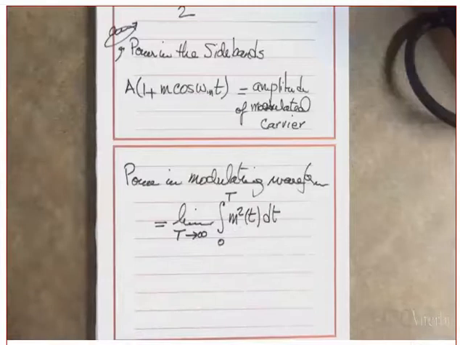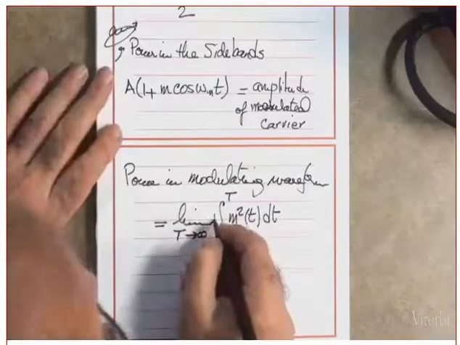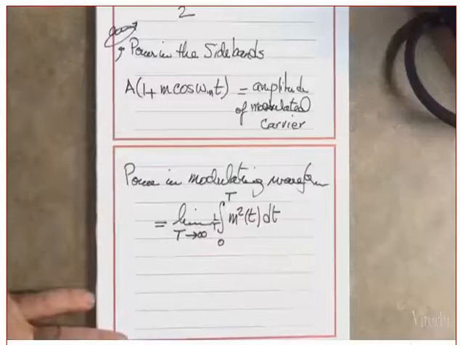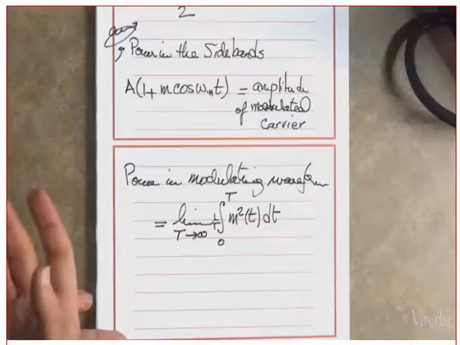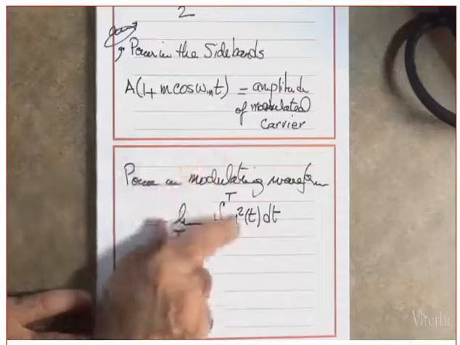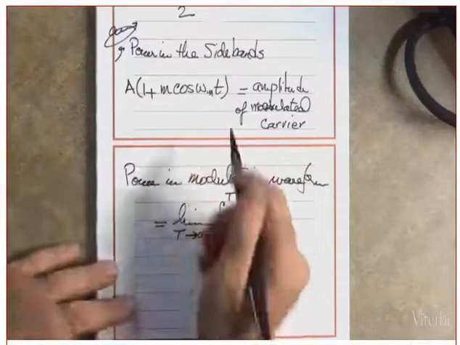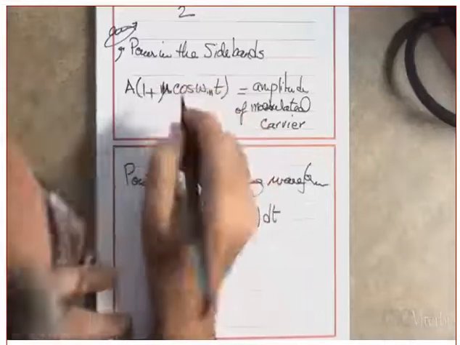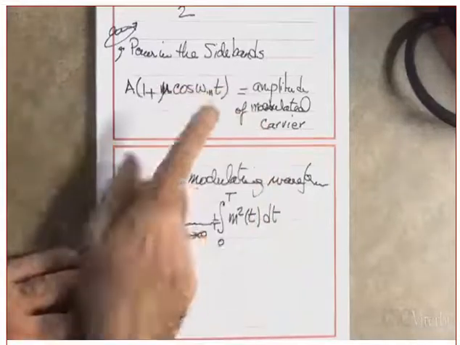Clear? That's the definition of the average power. Did you get this or not? Yes or no? Now, if m of t happens to be, sorry, if m of t happens to be what?